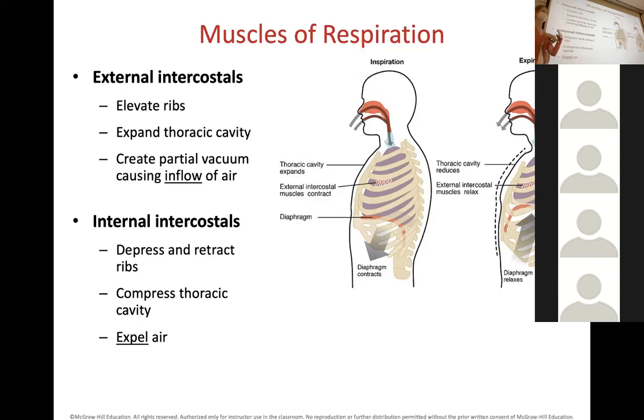So sort of the opposite of those beginnings of the words, at least. External inspiration, internal expiration. All right, and that is all I want you to know as far as muscles go about respiration. Those three groups of muscles.